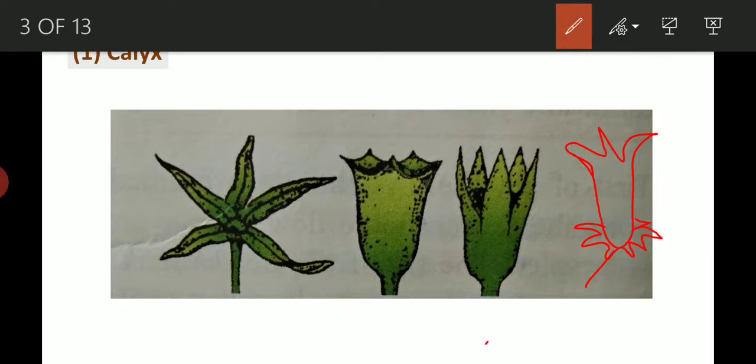They are known as epicalyx sepals, or episepals, and collectively they are called epicalyx. So again I am repeating, in some flowers like hibiscus, there may be a second series of sepals. Those sepals we call episepals, and collectively it is known as epicalyx.